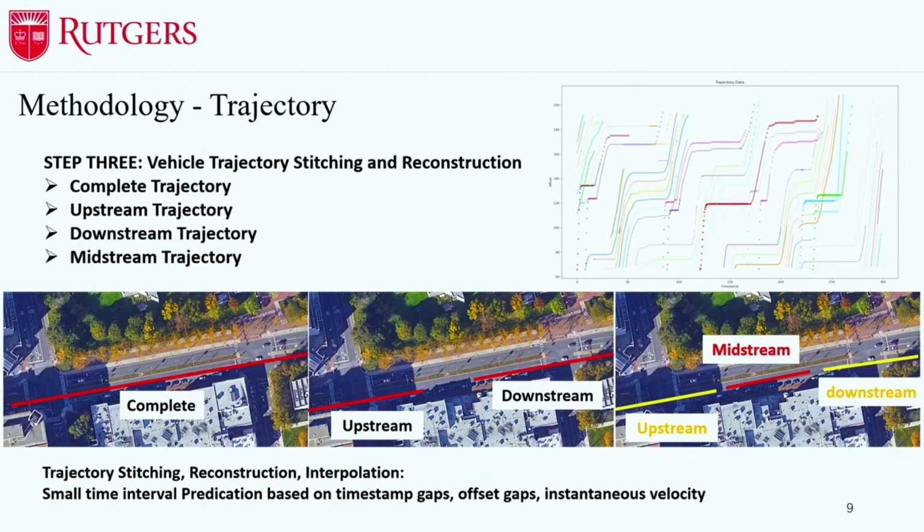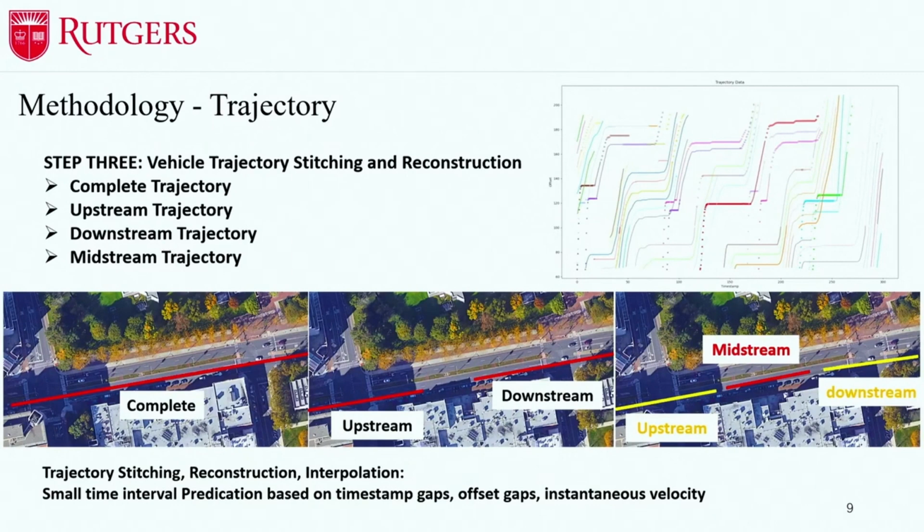But if there are broken points in the midway of a trajectory, it can be divided into 2 categories: the upstream trajectory and the downstream trajectory. If you have several broken points in the midway, we need to do several rounds to detect the trajectory and find where the broken points are.